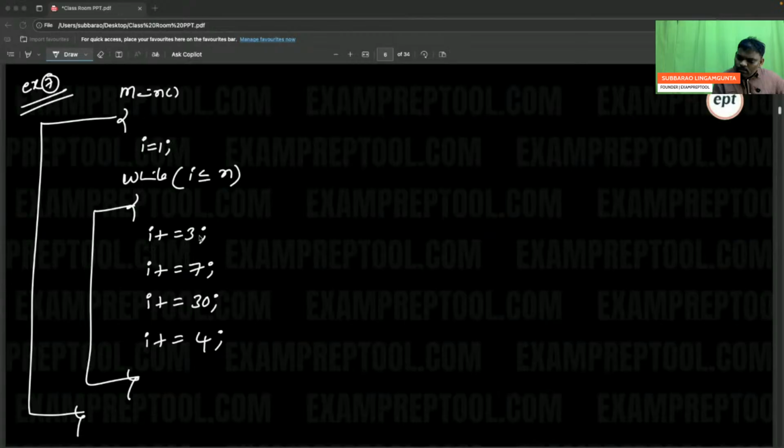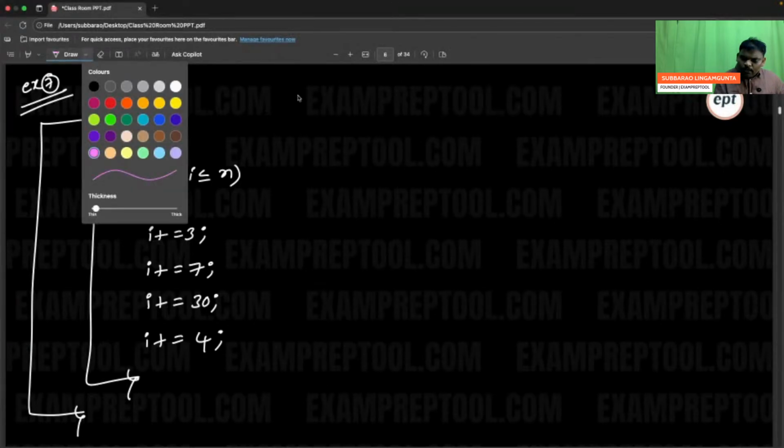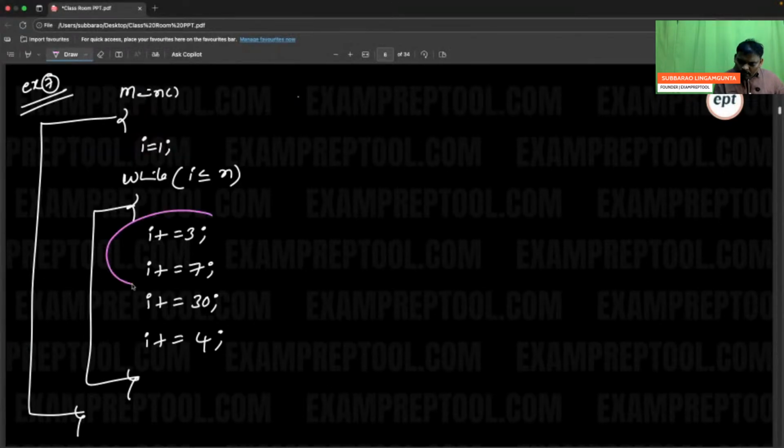See, every time you are incrementing 3, and for that 3 you are adding one more 7 also. So every time you are incrementing 10. Whatever i value you have, suppose initially i is 1.